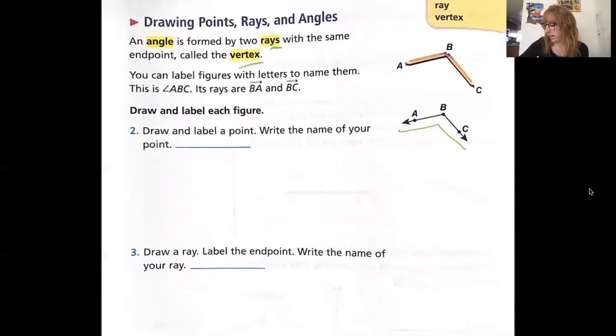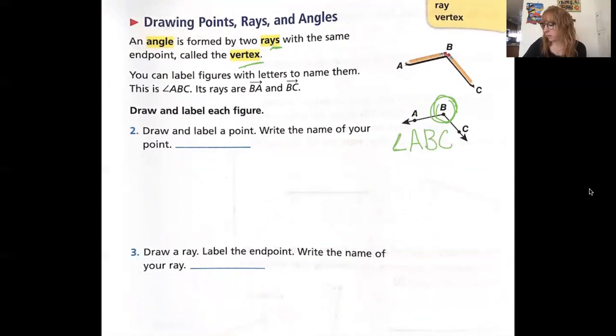So looking at angle ABC, we have the vertex B. Whenever we write down an angle, we always have B as our middle letter because that's the vertex. So for example, we would write this as ABC, and this is angle ABC.